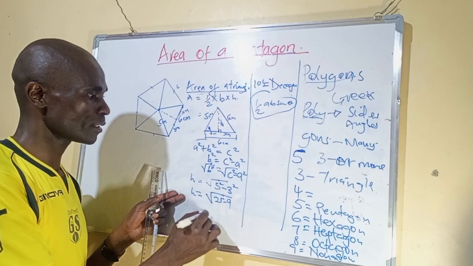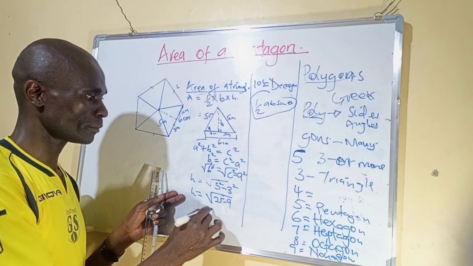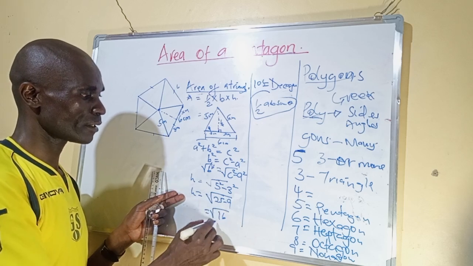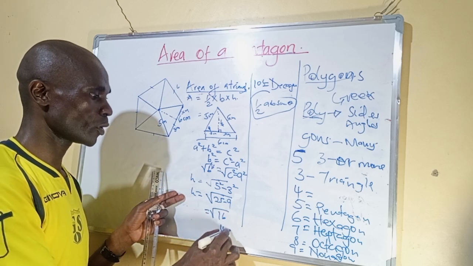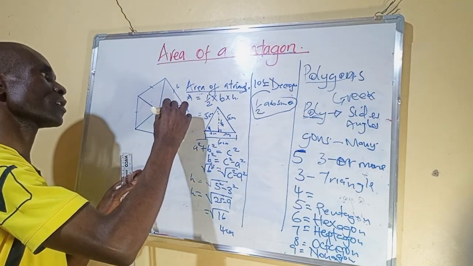And what do you get? Remember, they are centimeters. You'll get 16. The square root of 16 is 4. So our height is 4 centimeters.